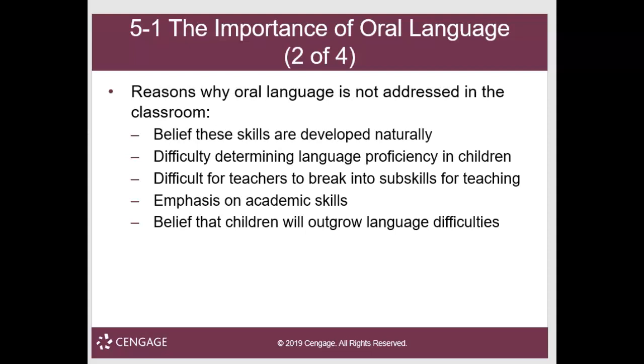So again, the importance of oral language. People think that oral language skills are developed naturally and that children just come out knowing how to speak. But we know that that's not true, right? We have to teach young children how to speak. And then some of our students with high incidence disabilities, we still have to provide explicit instruction in oral language.